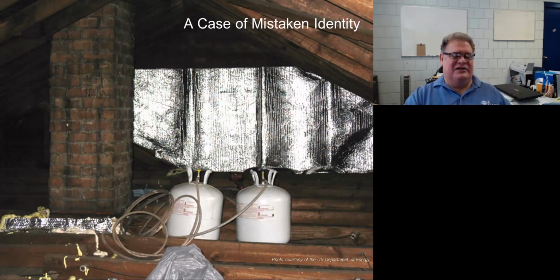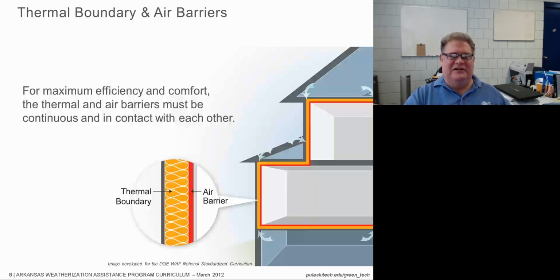Okay, the ceiling floor adjacent to the living space is the thermal boundary. In other words, the attic floor is the thermal boundary. That's where your insulation is going. Therefore, any repairs to the air barrier need to be below that insulation, not on that back wall or the gable wall. That's really not good.